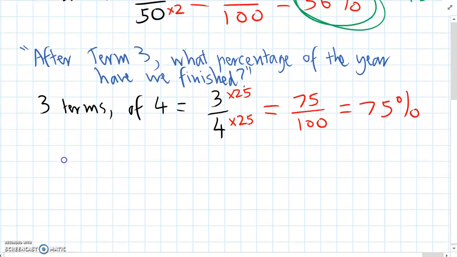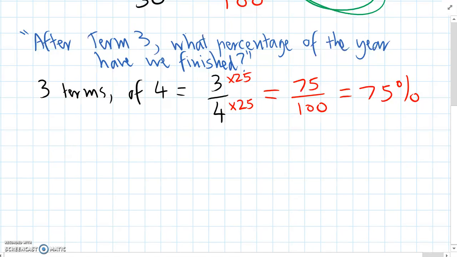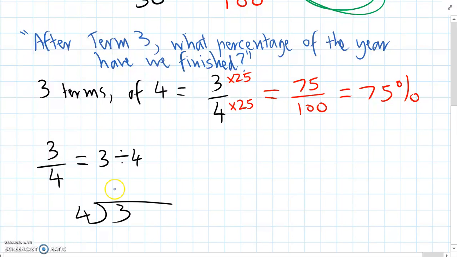But there's another way you can work these out too. So if we have 3/4, we could have made a decimal first, because practicing our fraction to decimal conversions, we can do 3 divided by 4. And we can use short division to work that out. 3 divided by 4. 0. So we'll carry the 3 across. 4 sevens are 28, so 7 in the tenths.